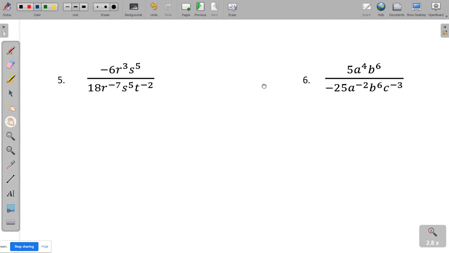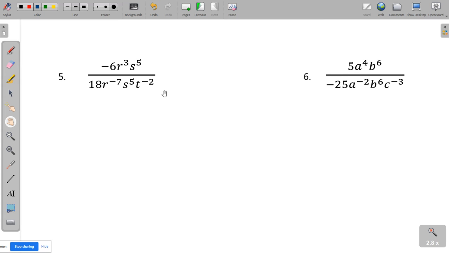So these next two, we have some work we have to do first. Let's take just our coefficients here and simplify it. Negative 6 divided by 18. We can simplify that and we get 1/3.